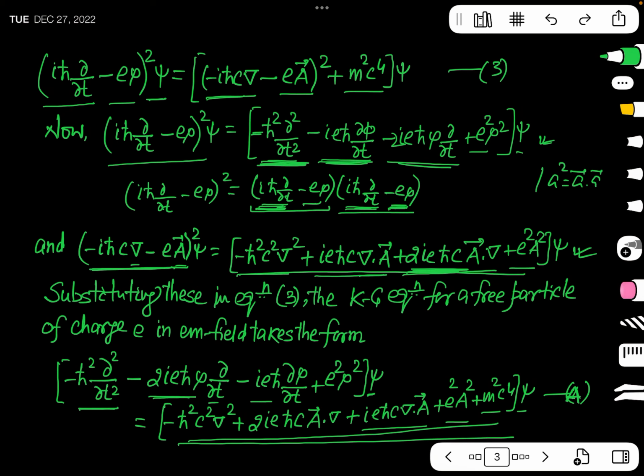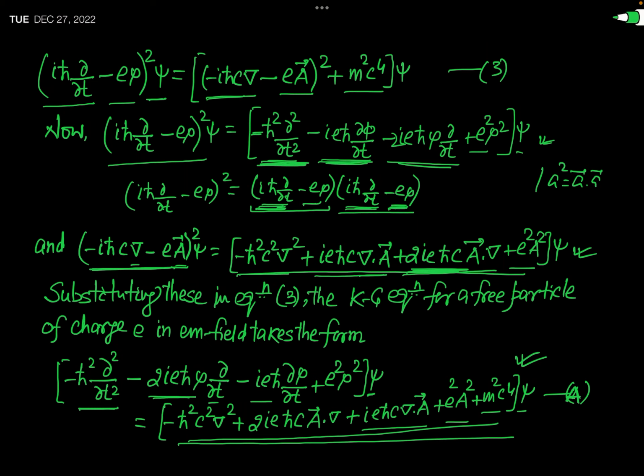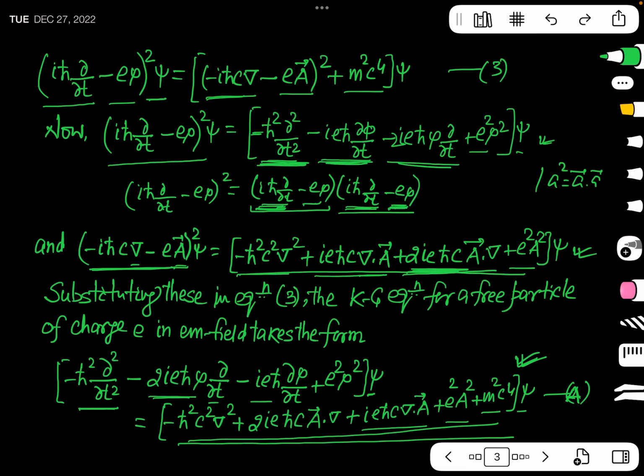You can see, we will start our lecture with this result, and this result is actually the Klein-Gordon equation for a particle moving in an electromagnetic field, and we will try to solve this equation when the particle is in a Coulomb field.